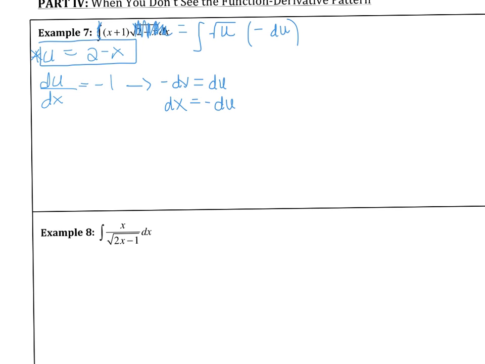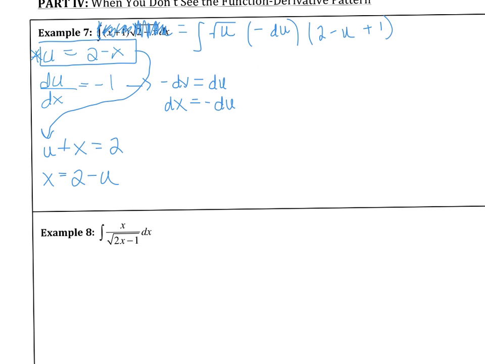Right here. So I'm going to bring this down here. If u equals 2 minus x, I can use algebra and say that u plus x is 2. Therefore, x is equal to exactly 2 minus u. So that's what I can write instead of writing x. So let's write 2 minus u. And then we still need to get the plus 1 in there, so that everybody's accounted for.